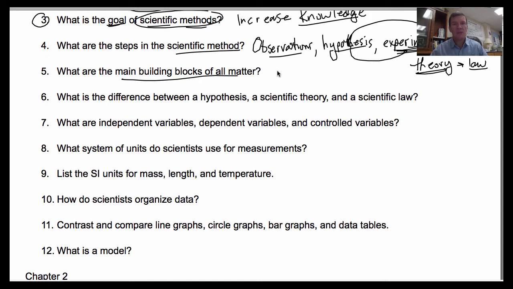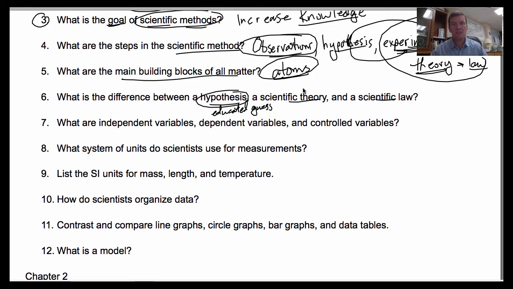Main building blocks of all matter, those are atoms. These atoms retain the properties of their element, okay, the element that they're an atom of. Difference between hypothesis, theory, and law, I kind of already discussed that right here. Your hypothesis is just an educated idea or educated guess. This is just based on your observations. A theory then is based on what? Based on your experiment.